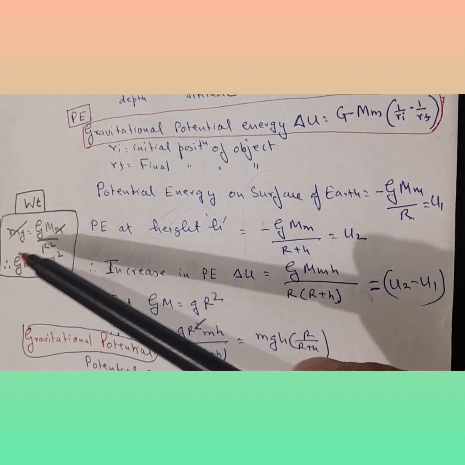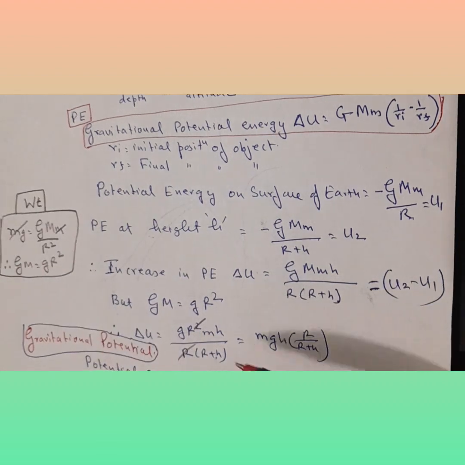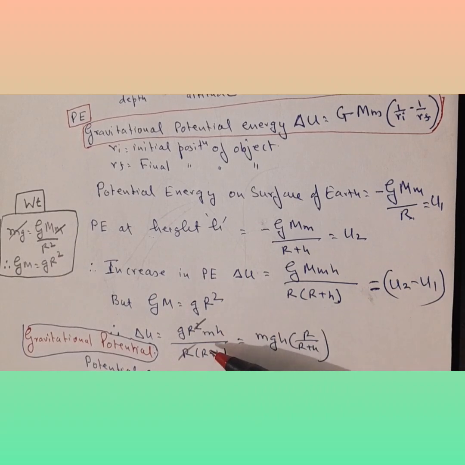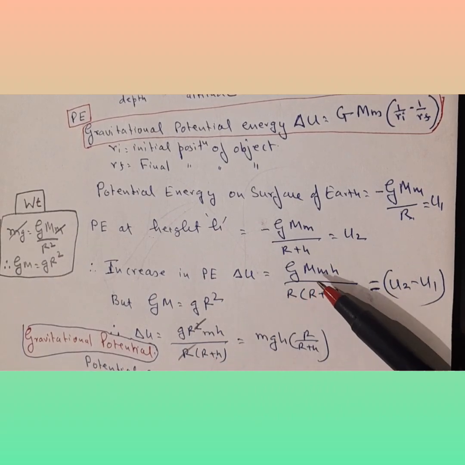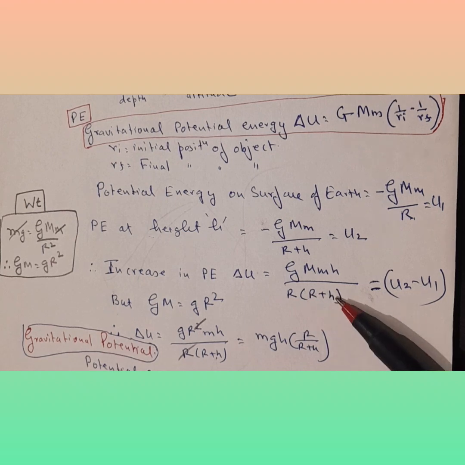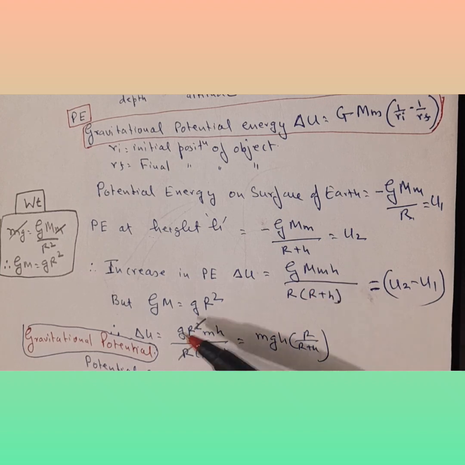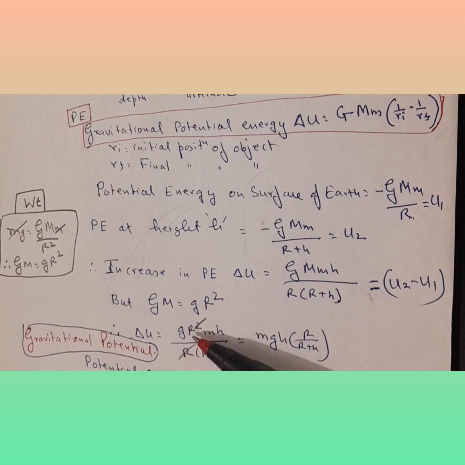This is what we are going to apply in many places. So here, for example, we already had GMmh upon R into R plus h. Instead of this, we can substitute gR square, and on substitution of gR square, one R cancels. So our final formula in terms of acceleration due to gravity is mghR upon R plus h.